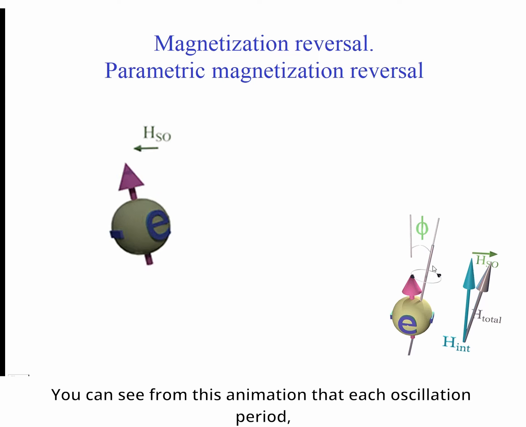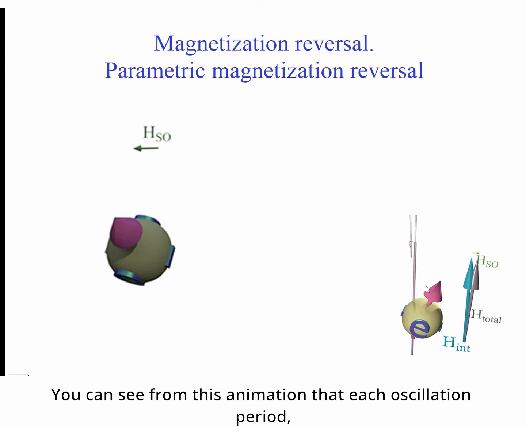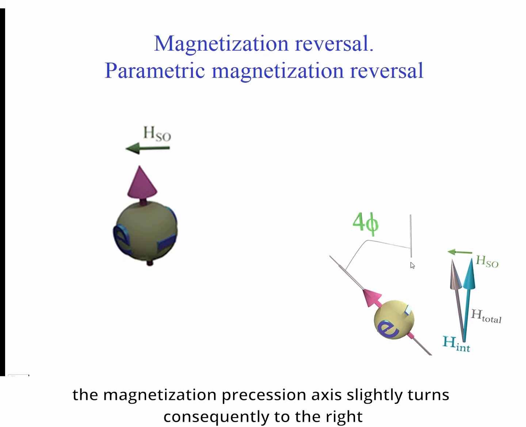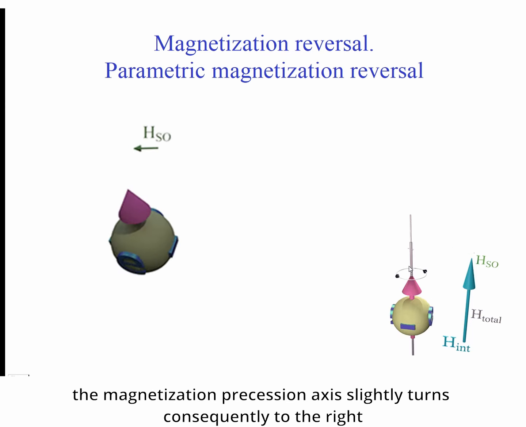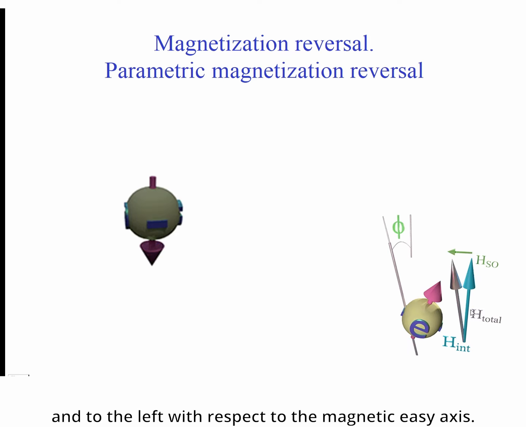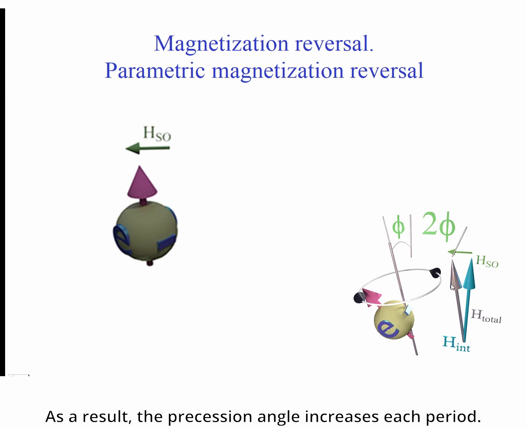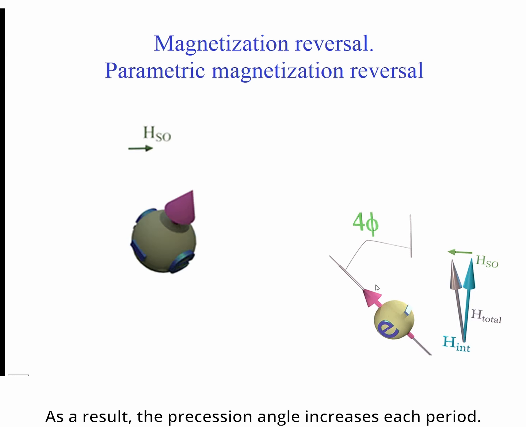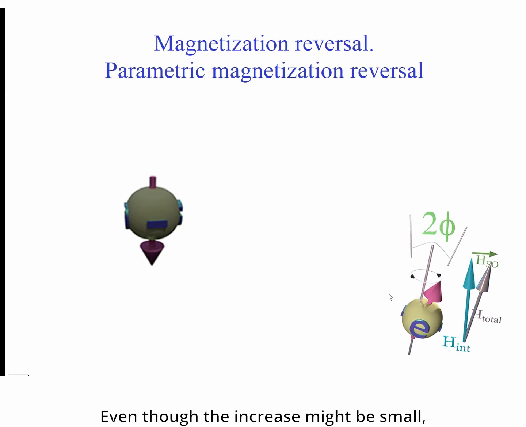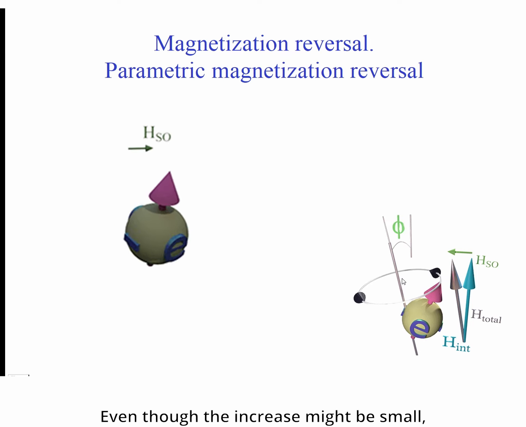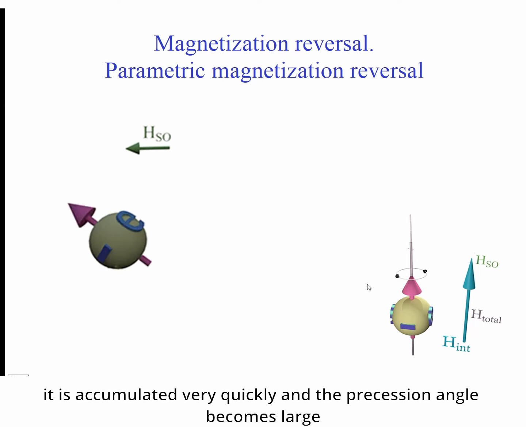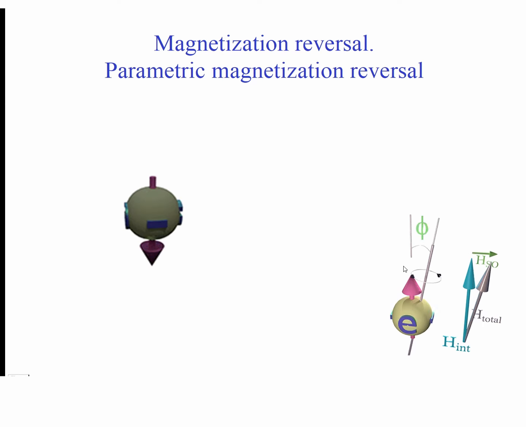You can see from this animation that each oscillation period, the magnetization precession axis slightly turns consequently to the right and to the left with respect to the magnetic axis. As a result, the precession angle increases each period. Even though the increase might be small, it is accumulated very quickly and the precession angle becomes large until the magnetization reversal.